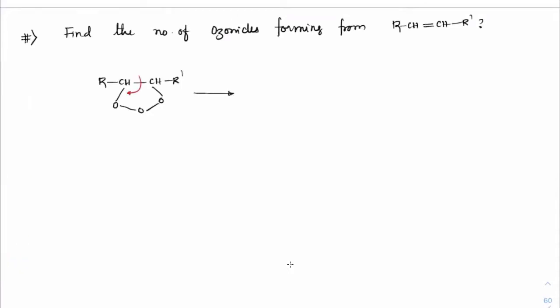First, I'm breaking on this side, this oxygen here, and this lone pair present on oxygen is making a double bond. On doing that, what is the product we are getting? We'll get R C double bond O H plus R dash C H double bond O minus and plus. Let me call this as A, let me call this as B.